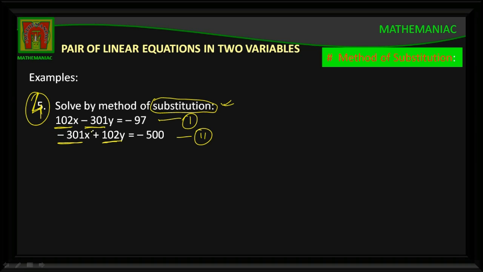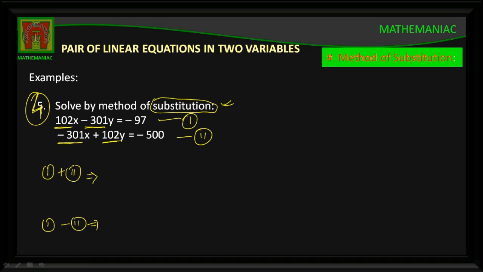That should be the point of observation. So once you find this kind of thing, your first step is not any substitution or any other method, but to add the equations and then subtract them.